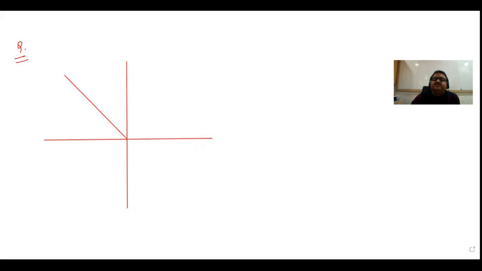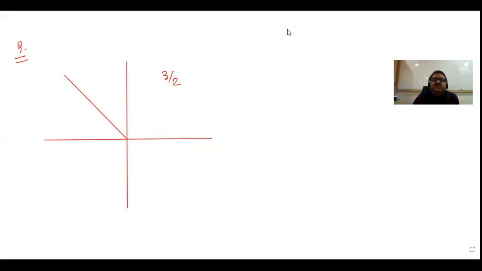Suppose it is given that the absolute refractive index of this medium is, say for example, 3/2. And the absolute refractive index of the second medium is not given.